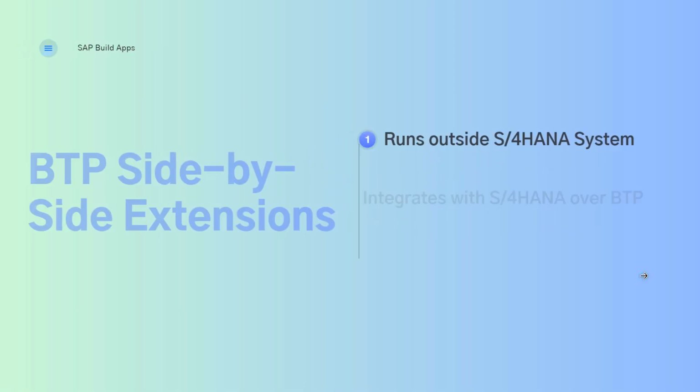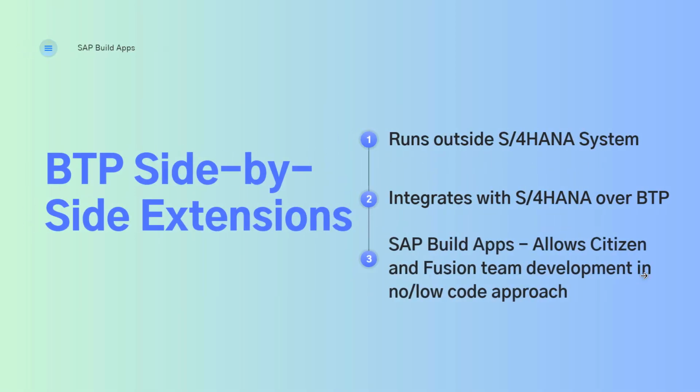Let's take a look at the next approach, which is developing side-by-side extensions on the BTP platform. So these are software applications which run outside of the SAP S4HANA cloud system. They are integrated with the SAP S4HANA tightly over BTP, and these are done via standard APIs.